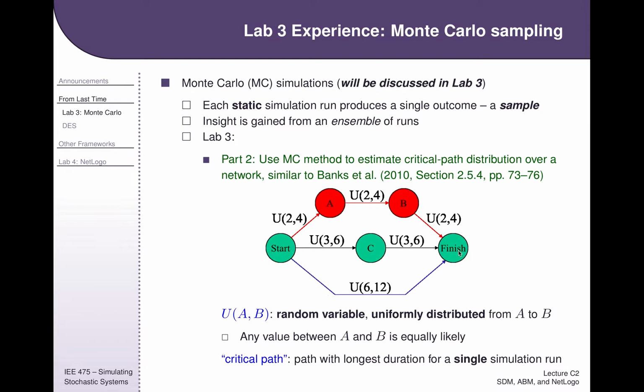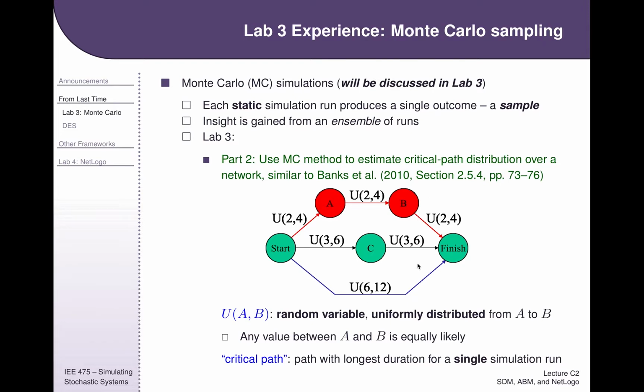I'm kind of giving a little bit away here, but you'll find out that if you did this right, one of these paths tends to take a little longer than the other paths, even though the average time should be the same on all three of these. So you can have the average times being the same, and yet the duration of the whole thing being mainly driven by one of these.